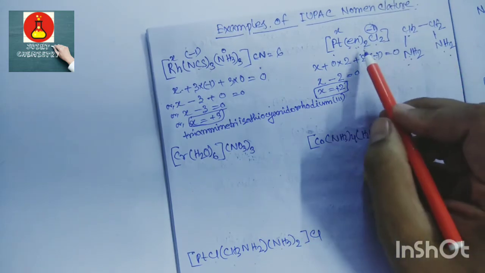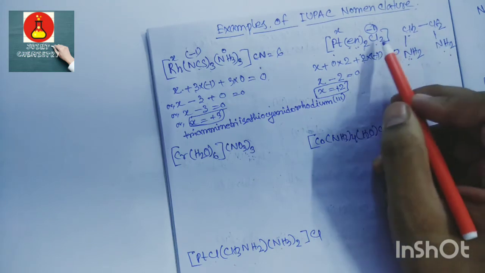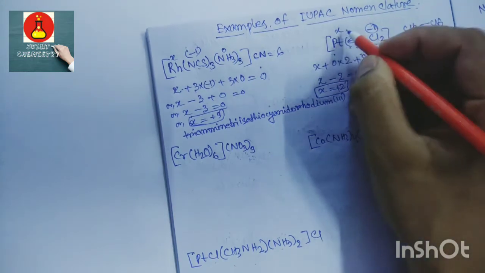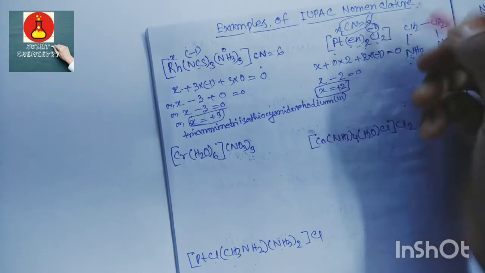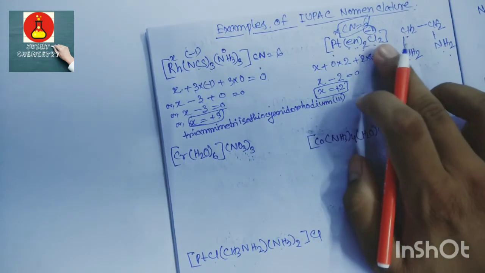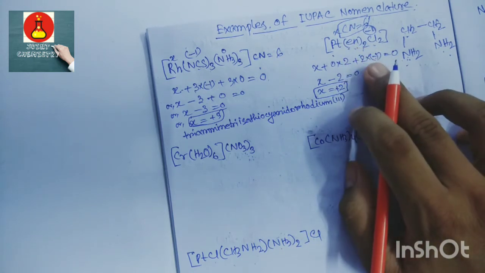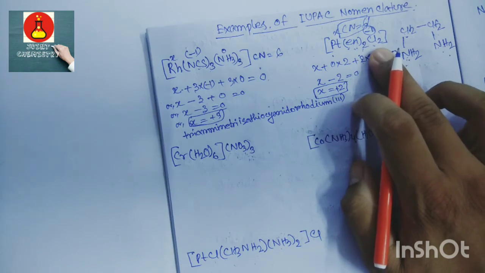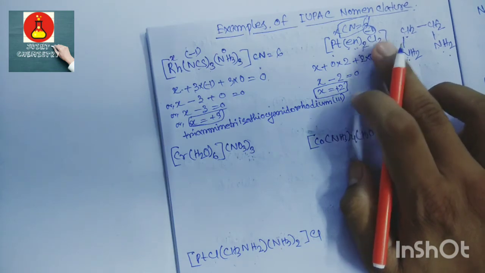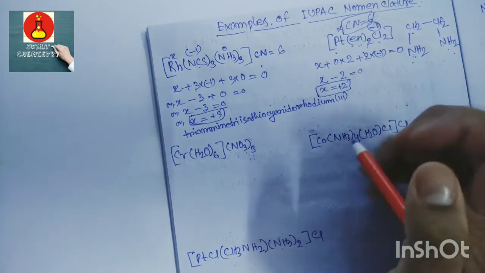So 2 ethylene diamine have 4 donor sites, and with 2 chlorine, the coordination number is 6. Each chlorine has 1 donor site and each ethylene diamine has 2 donor sites. So 2 into 2 is 4, and 2 into 1 is 2, so 4 plus 2 is 6. I hope you can understand this.